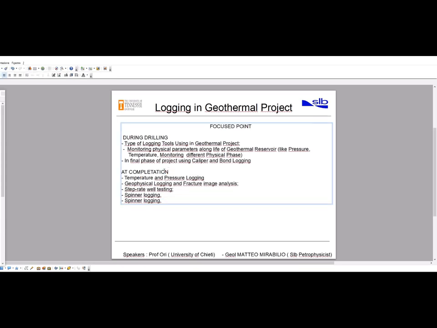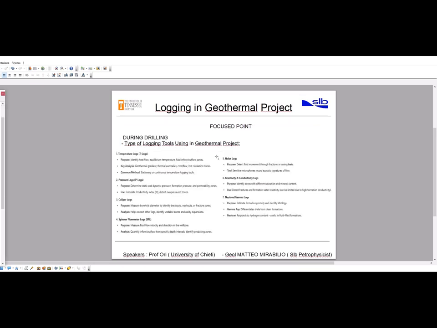For the first point we have this case during drilling. We have different approaches. For the first type we have a different approach for drilling. During drilling, the types of logging tools used in geothermal projects monitor physical parameters along the life of the geothermal reservoir, like pressure, temperature monitoring and different physical phases, temperature and pressure logging, geophysical logging and fracture image analysis, step rate testing and spinner logging.